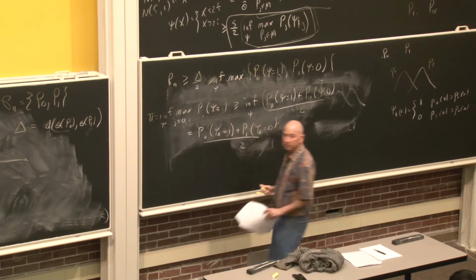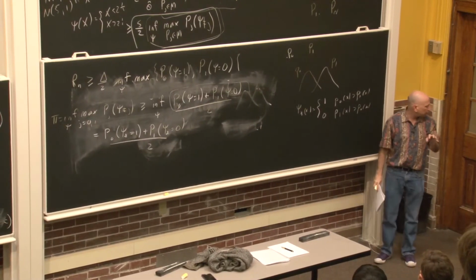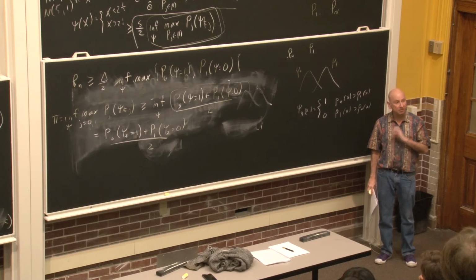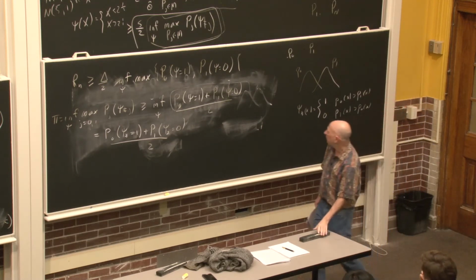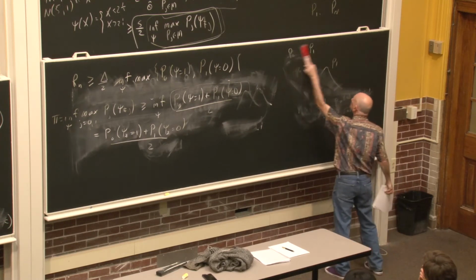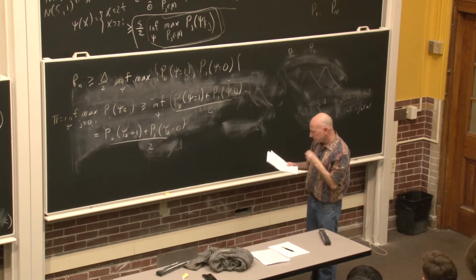The inf over all tests is bigger than or equal to the Neyman Pearson one, because the Neyman Pearson one is the one that minimizes it. You see, there's a very close connection here with hypothesis testing.